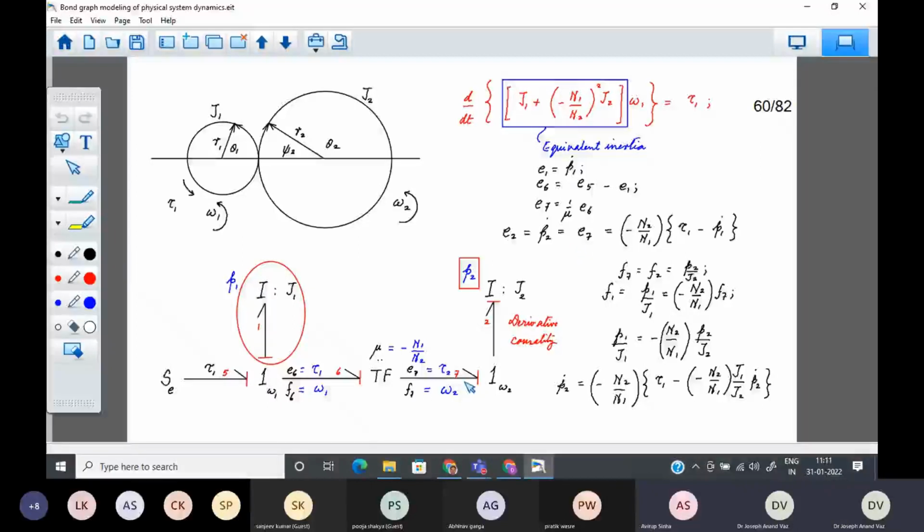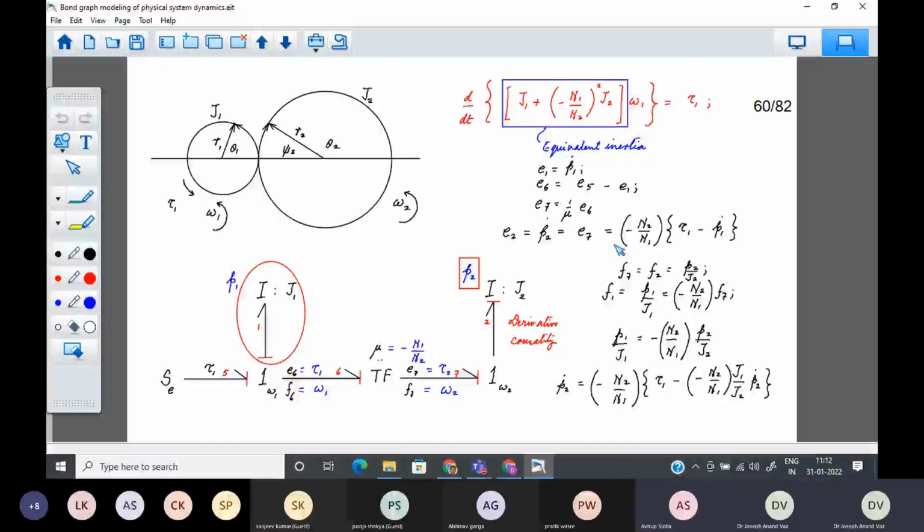This is the same as effort 7, which is equal to minus N2 by N1 times effort 6. And effort 6, you can see here, is actually effort 5 minus effort 1. So effort 6 is effort 5 minus effort 1. And effort 1 we already know as P1 dot, which is the derivative of the angular momentum of the pinion side.